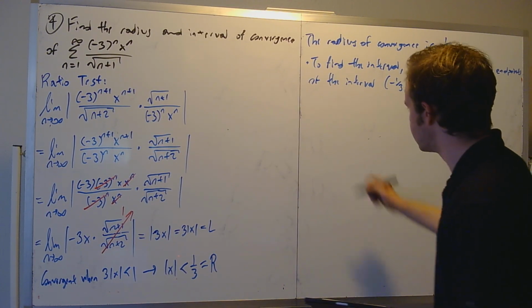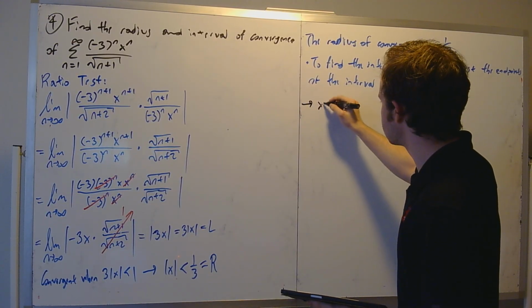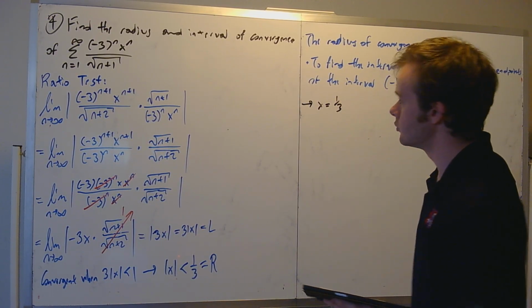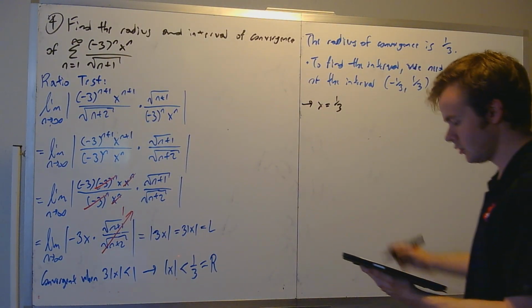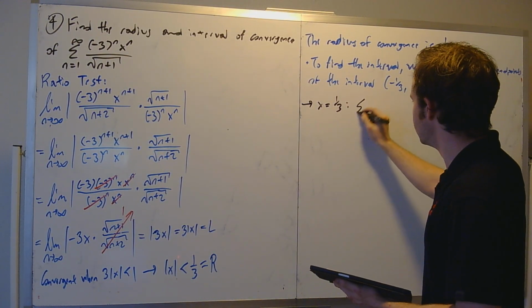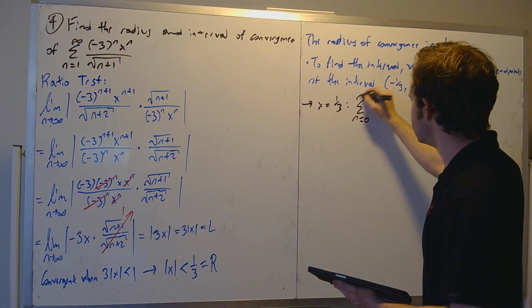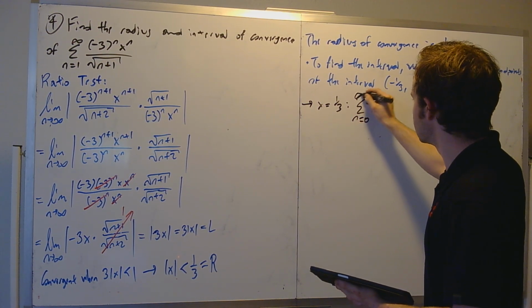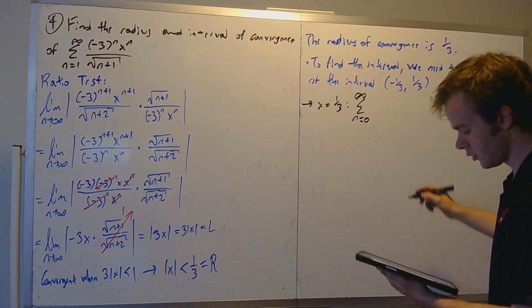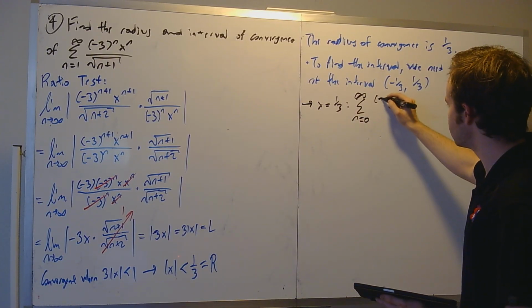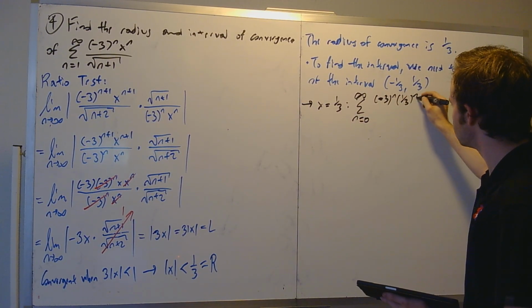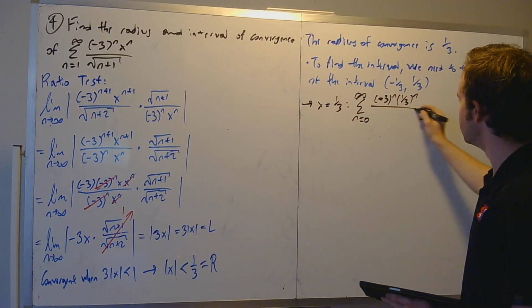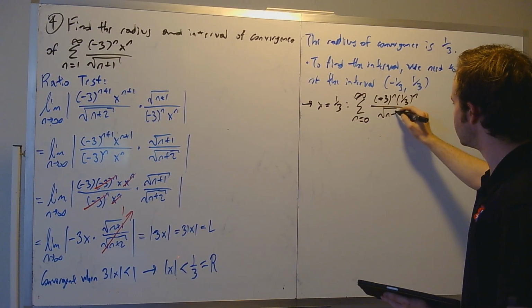So let's try the first endpoint of x equals 1/3. So we just plug that into this series. So if we do that, we're going to get the sum from n equals 0 to infinity of, so we plug in 1/3, so we're going to get -3 to the power of n times 1/3 to the power of n over square root of n plus 1.